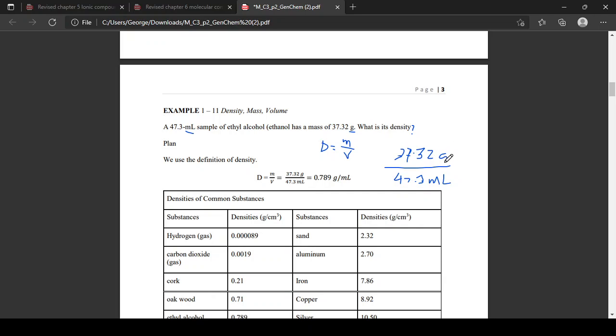Kids, what do we do next? Simply divide our mass over our volume to find your density.